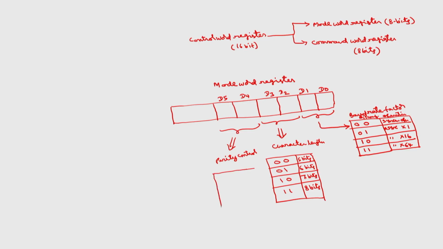So, that will be decided by these 2 bits. This is 0 0, no parity. In fact, x 0 is no parity, and 0 1 is odd parity. 1 1 is even parity.